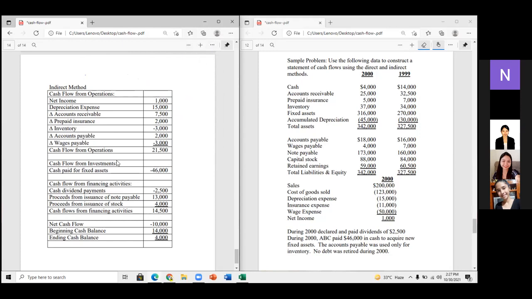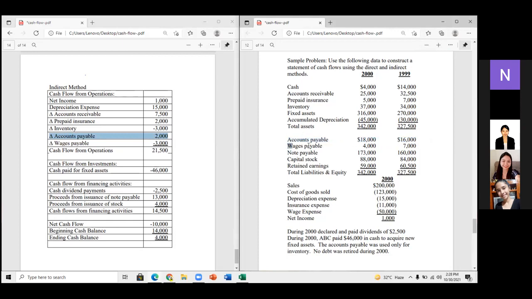So, ayun. Dito sa accounts payable, nag-add tayo ng 2,000, kasi nga, dito sa problem, tumaas yung accounts payable natin. From 16, naging 18 na siya. So, may 2,000 tayo na increase. Yun yung i-add natin dito.